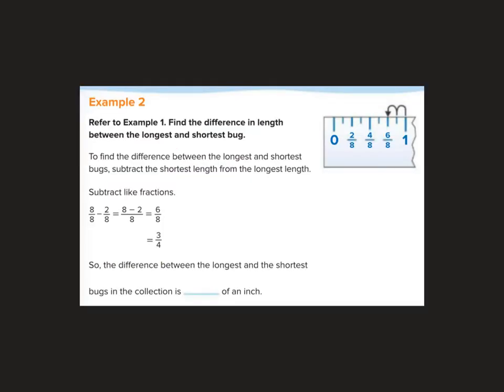Refer to example 1, find the difference in length between the longest and the shortest bug. So the longest bug was 8/8. The shortest bug was 2/8. Difference means what? Subtract, yep. So if I'm subtracting 8/8 minus 2/8, I just subtract my numerators. 8 minus 2 is 6.